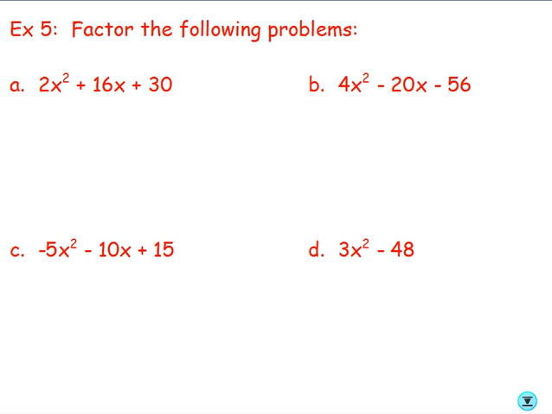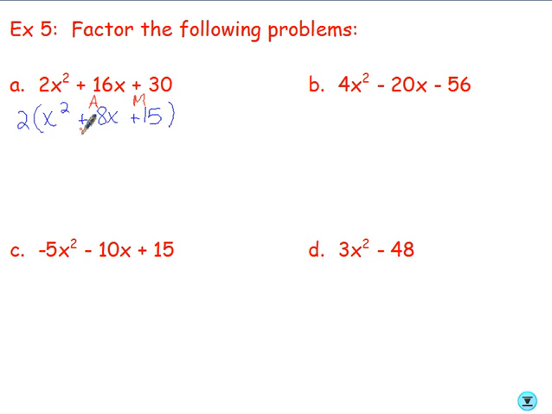Let's take a look. So your GCF should have been the 2. Divide everything by 2, we get x squared plus 8x plus 15. You should have now been looking for two numbers that multiply to give you 15 and add to give you 8.